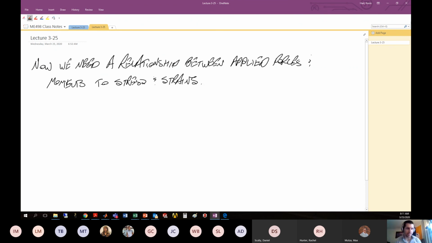So we have this relationship between stress and strain, which I just showed in the PowerPoint presentation. But now we need to know how the forces that we might apply to our laminate create those stresses and strains.